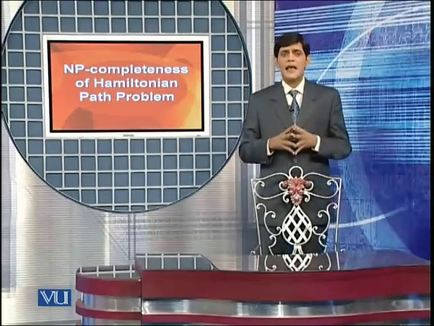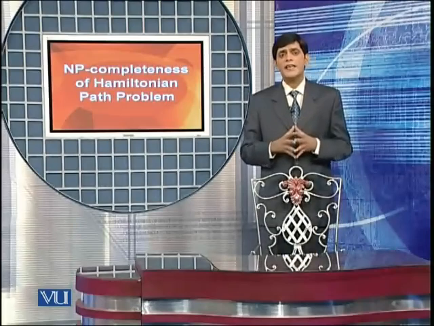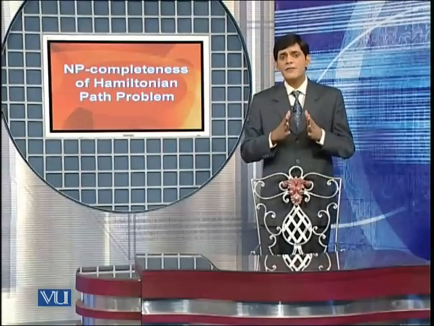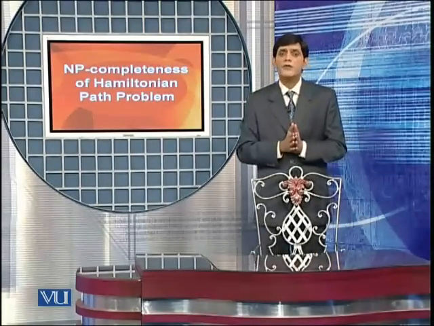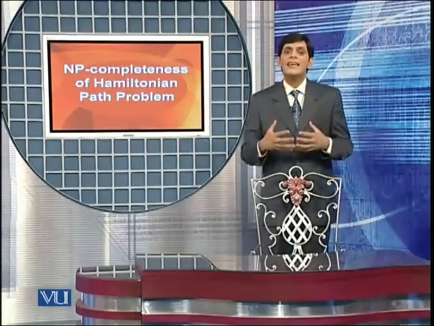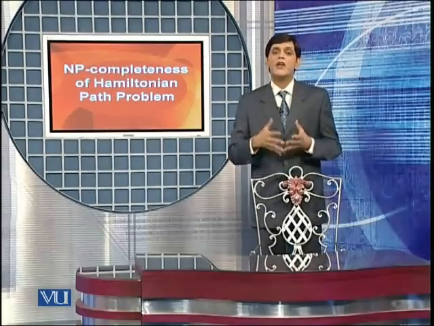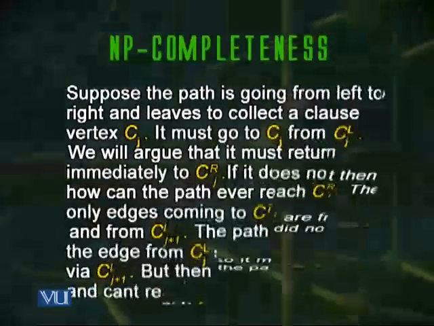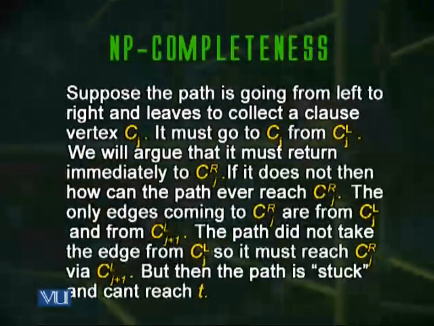Well, let's examine this path and see what can go wrong, and argue that if something goes wrong, if the path tries to do something different, then it can never be extended to a Hamiltonian path. Suppose the path is going from left to right.